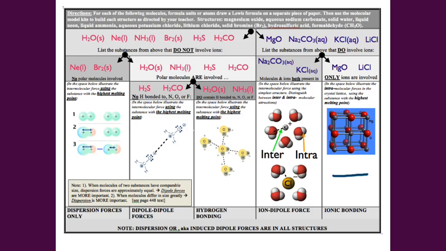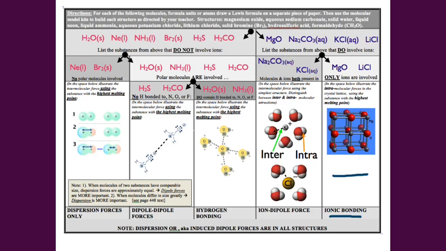Magnesium has a +2 charge and oxygen has a -2 charge, and because of Coulomb's law, the attraction between those atoms would be particularly strong, and so here we would expect the magnesium oxide to have a higher melting point than lithium chloride. Again, this is an intramolecular force. That's an ionic bond, but it's good to look at it just to see how it fits in the scheme of things.